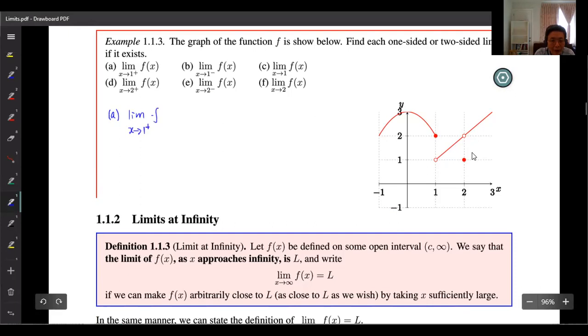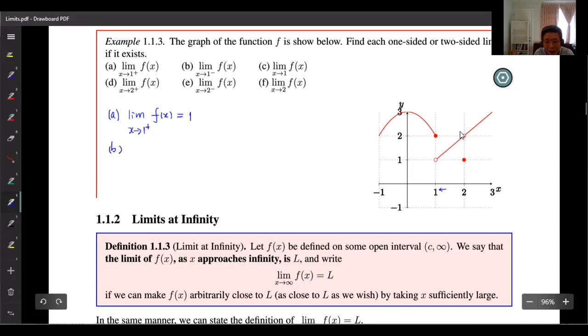Have your answer very quickly. From here we can easily see it is 1. Even though the function is undefined at 1, it's okay. It's 1. Good.